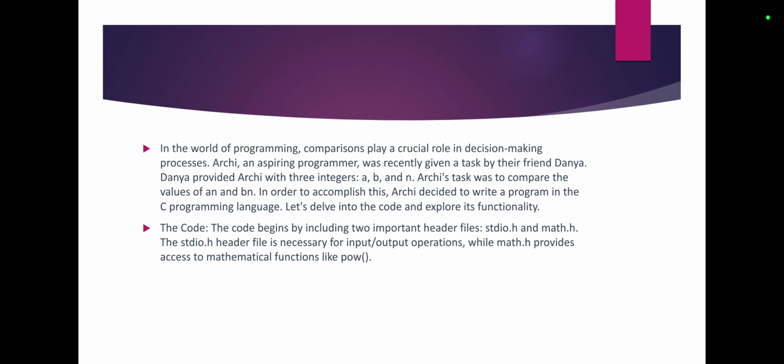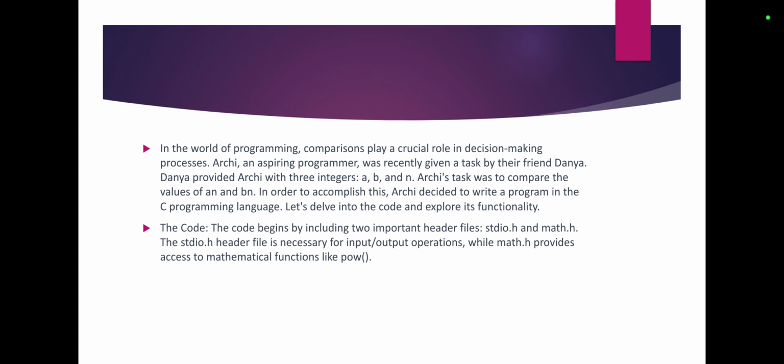The code begins by including two important header files, stdio.h and math.h. The stdio header file is necessary for input and output operations, while math.h provides access to mathematical functions like pow.